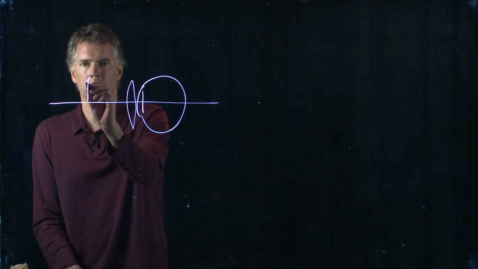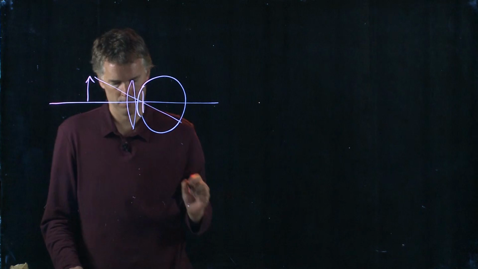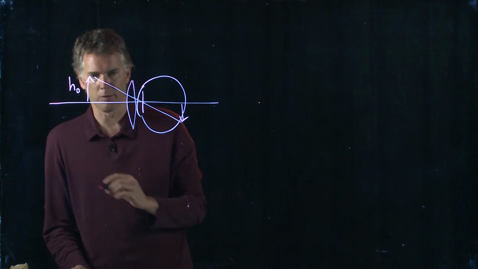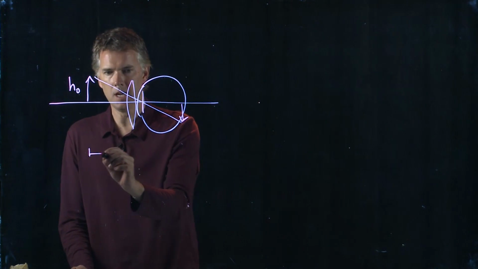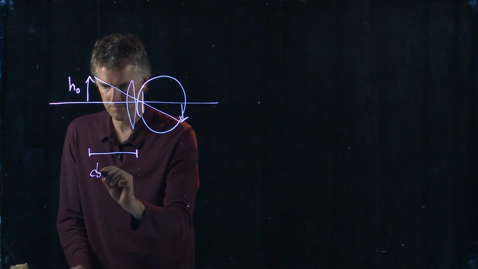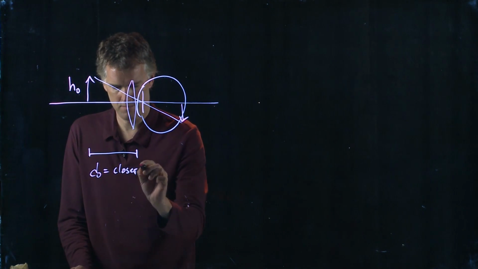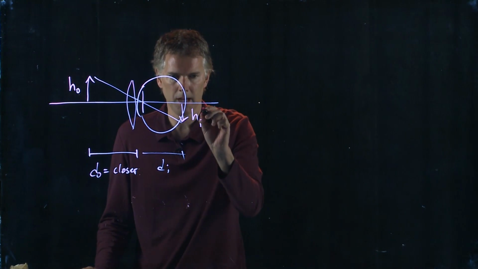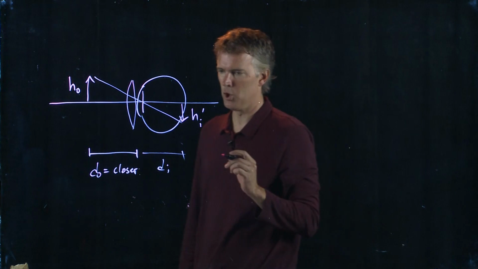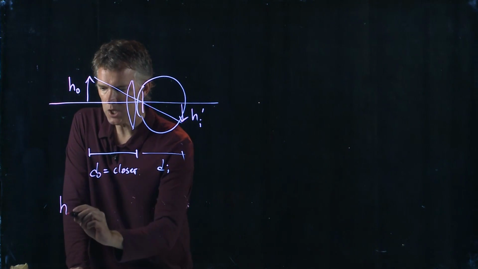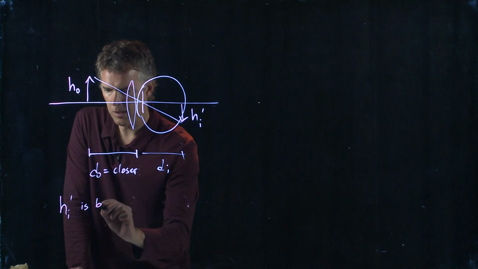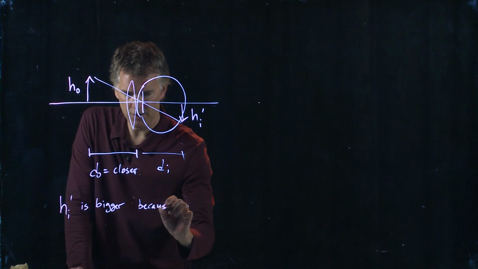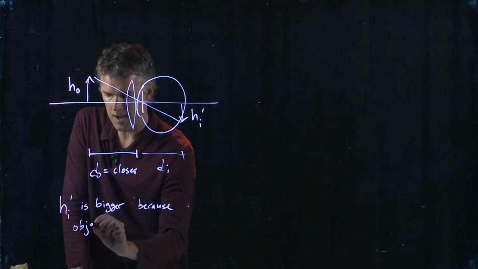And now the object can be a lot closer. The object height is still the same, of course, but DO got smaller. DI is the same, and let's call this the image height prime now, some new image. And HI prime is clearly bigger. And it's just bigger because the object is now closer.